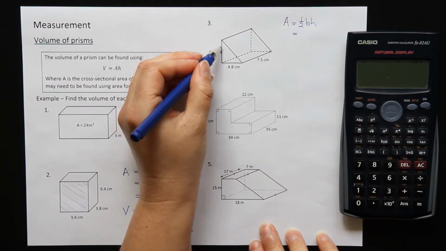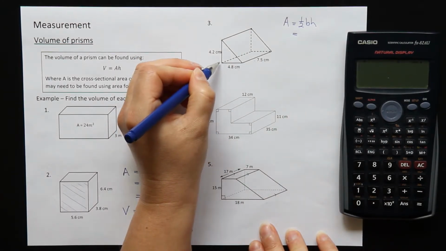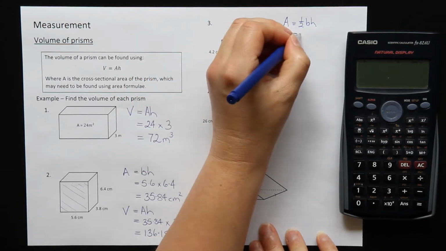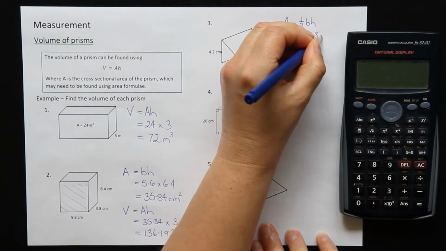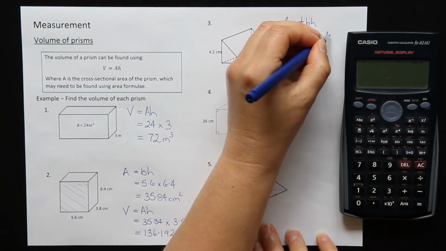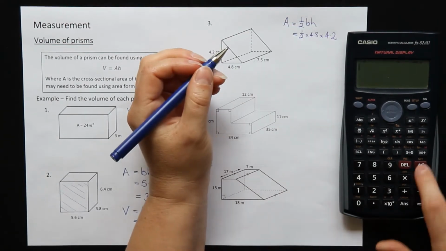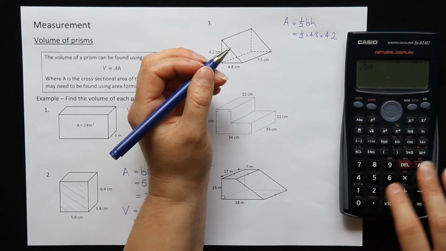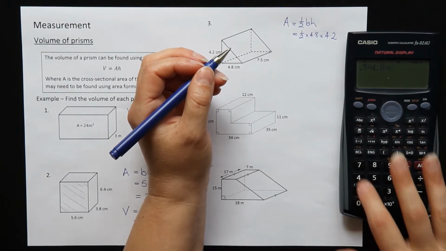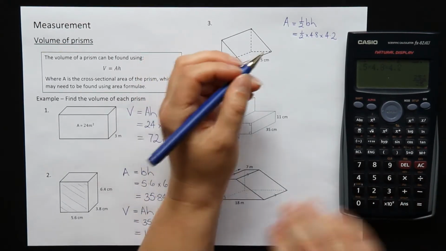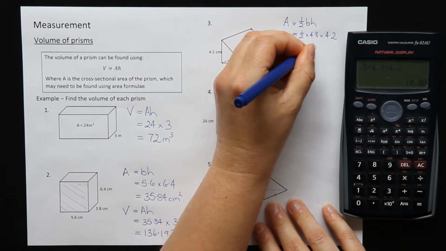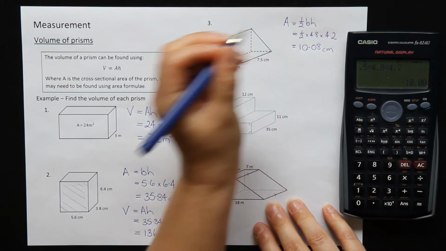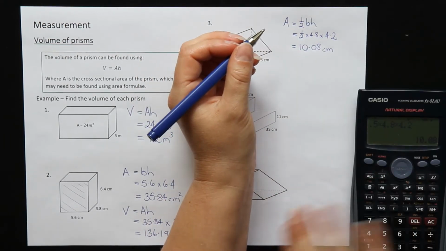The triangle, the base is 4.8 and the height is 4.2. So half times 4.8 times 4.2 equals 10.08 centimeters squared.